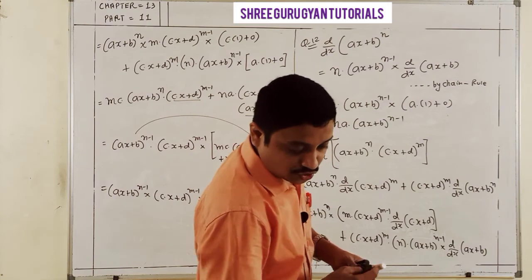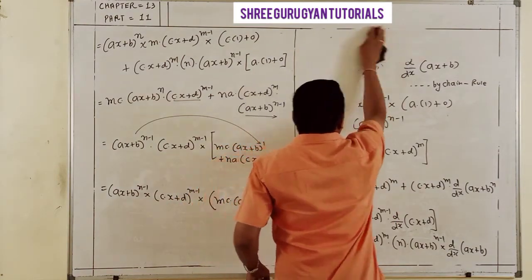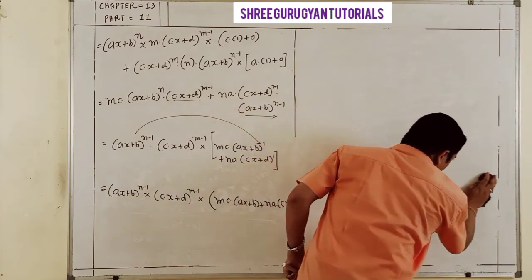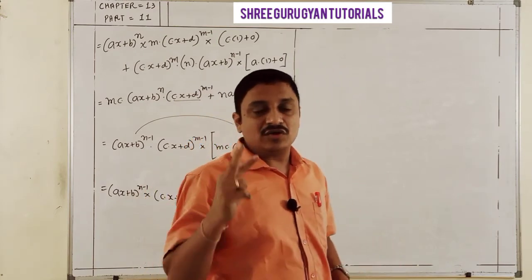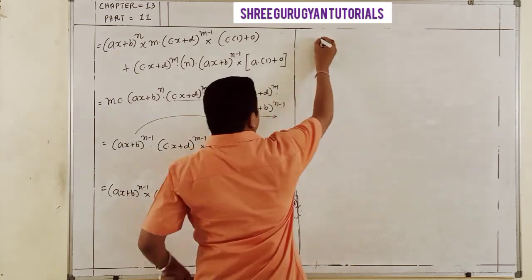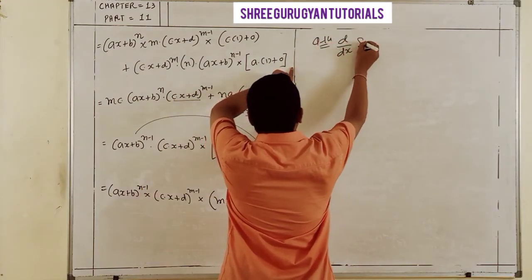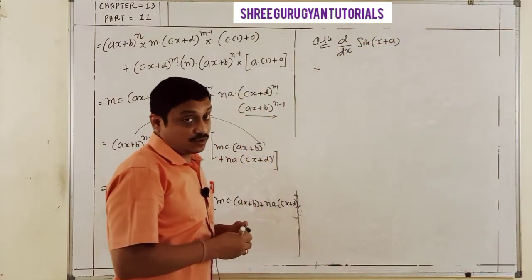Now continue with question number 14. Question 14 is very easy and very simple. For this question, students, I will explain both ways: directly and by chain rule. d/dx of sin(x + a). First of all, going to the chain rule.